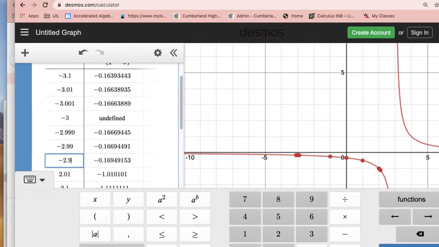What would that be in decimal? So I'm going to see if I can kind of narrow that down. Let's see, that's not 1/3.